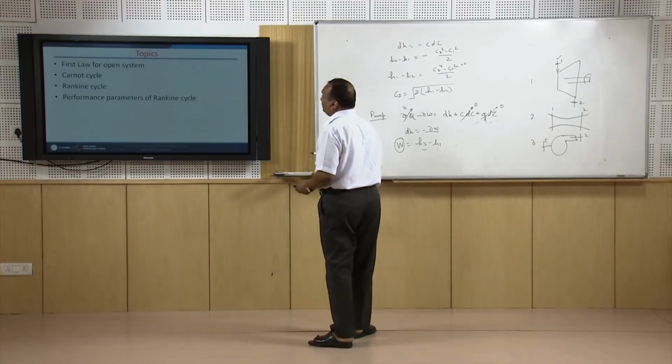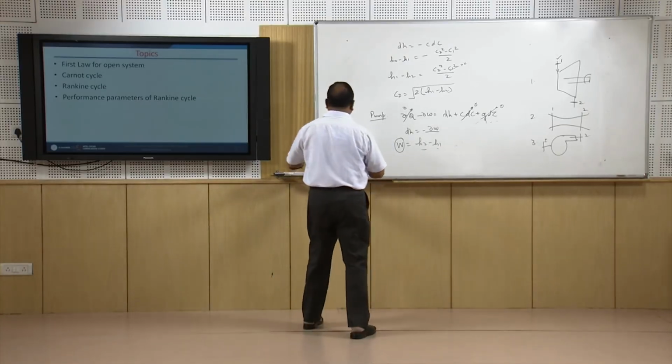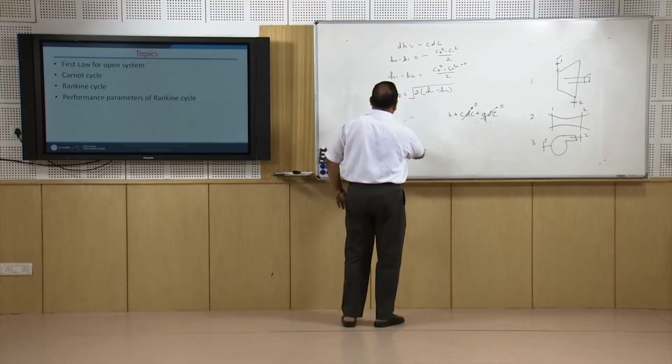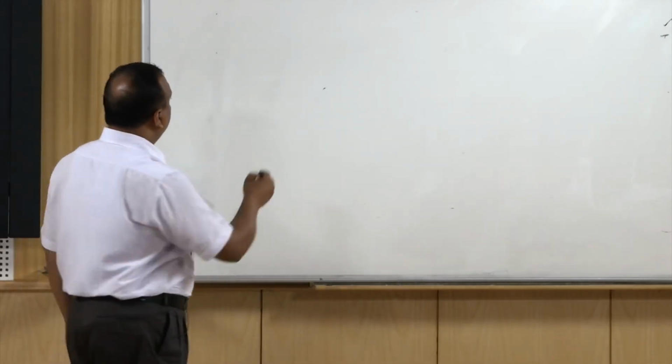Now, after this first law for open system, we will take up the Carnot cycle. In a Carnot cycle, there are 4 processes.